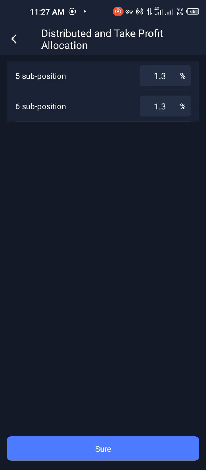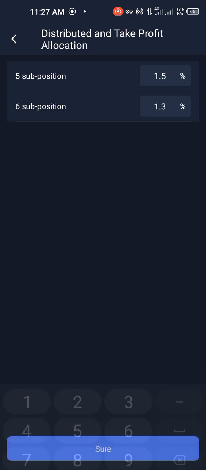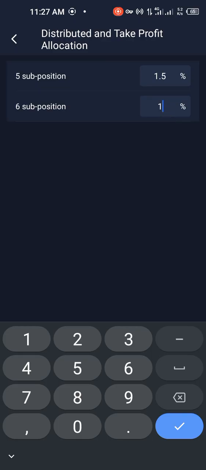You can see the 5th call has its own distribution take profit. You can see this 5th call and the 6th call have its own. It's saying here 1.3, which you can always change. You can change it to 1.5, you can change it to 2, you can change it to 3, depending on you.